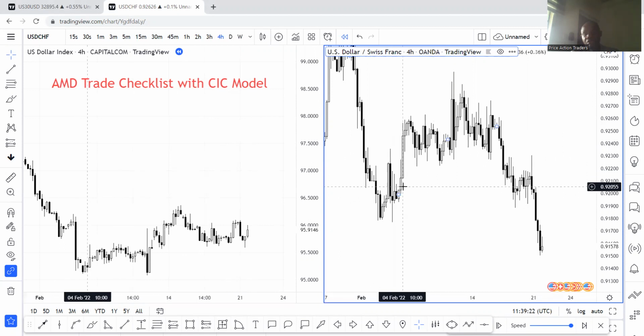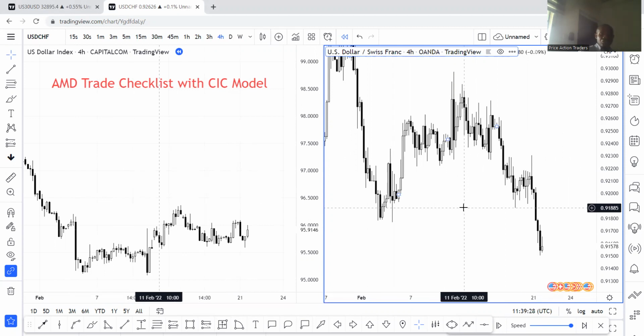So you can use this trade setup to trade even Euro USD, because Euro USD and US dollar Swiss franc have a negative correlation. Yeah, you can use it to trade USD Japanese yen, AUD USD.